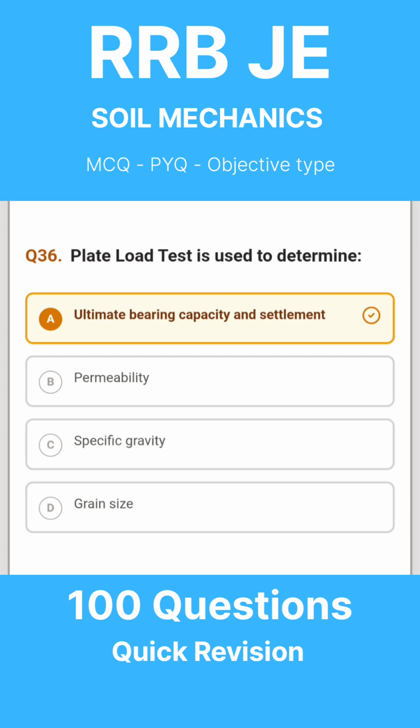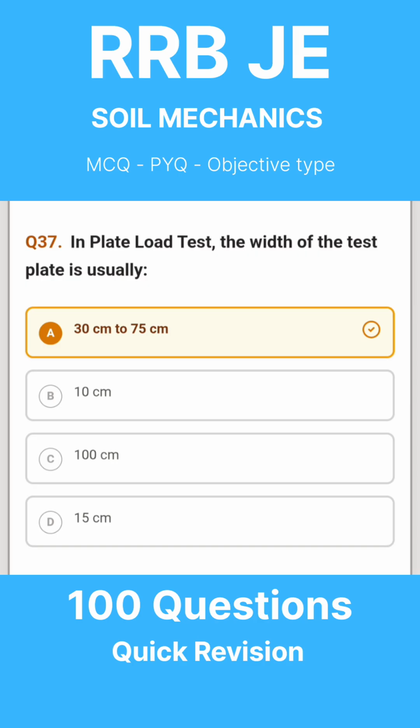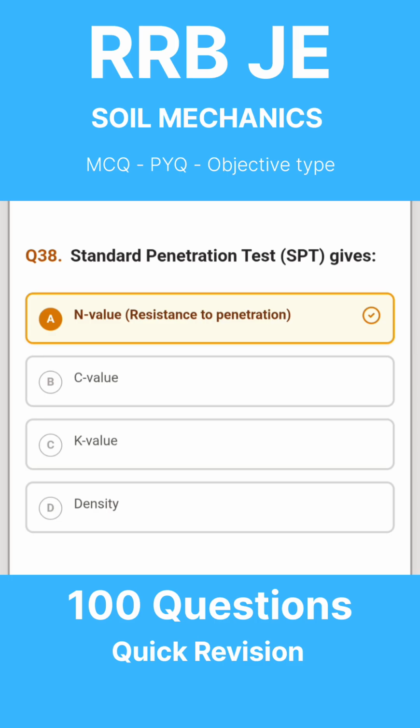Question 36. Plate load test is used to determine. The correct answer is ultimate bearing capacity and settlement. Question 37. In plate load test, the width of the test plate is usually. The correct answer is 30 cm to 75 cm. Question 38. Standard penetration test (SPT) gives.